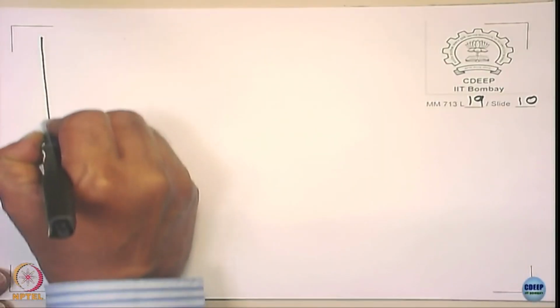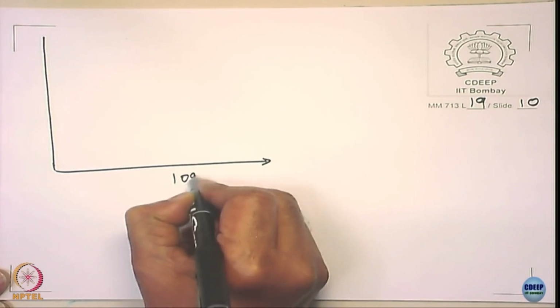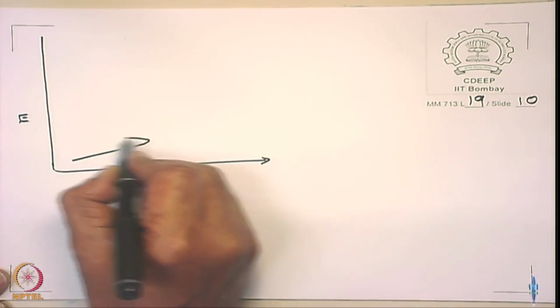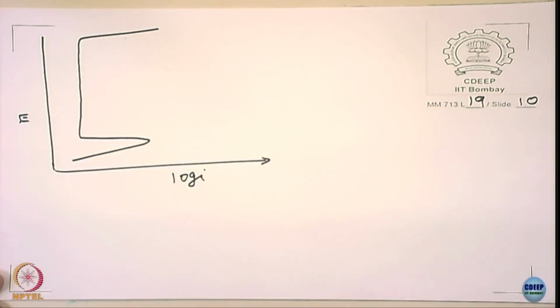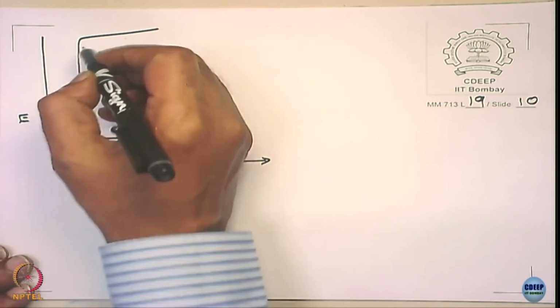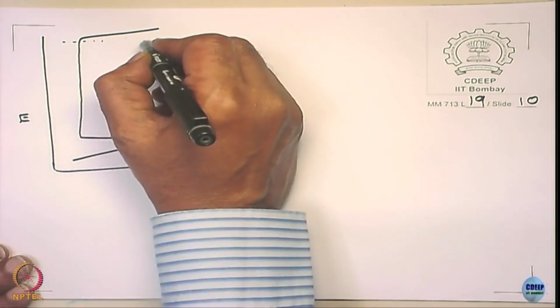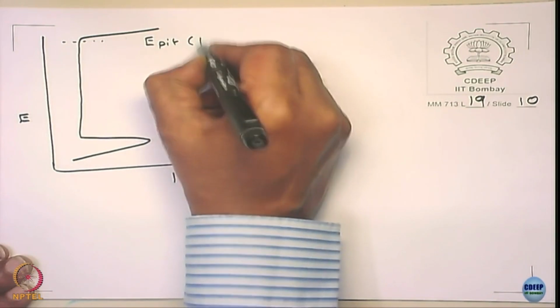Now, if you consider a polarization curve, this is very familiar to you, right? And this is the potential, we call them E-pit, also called pitting potentials.